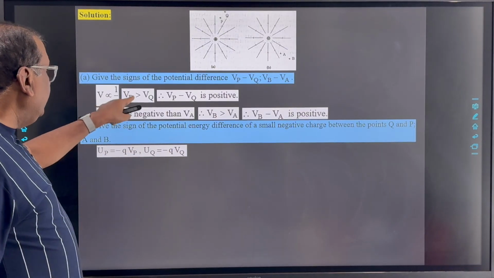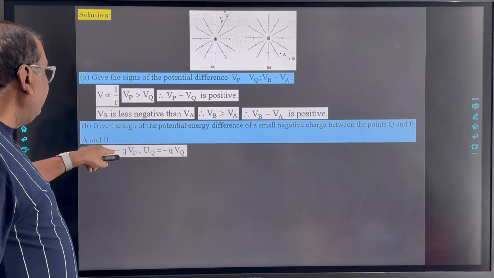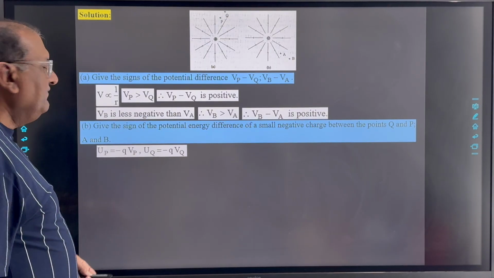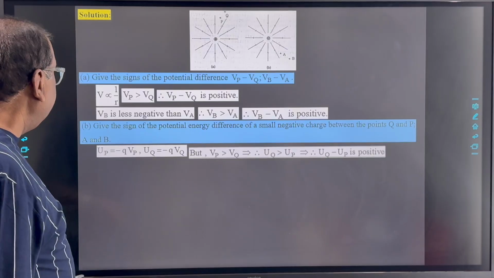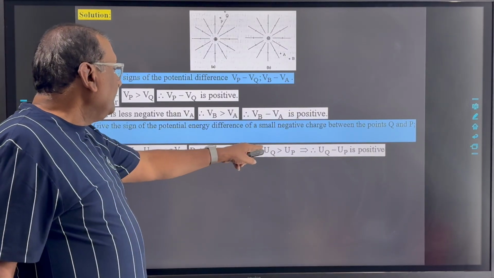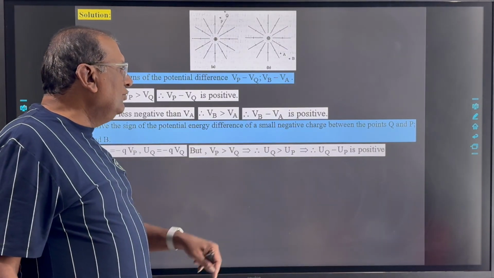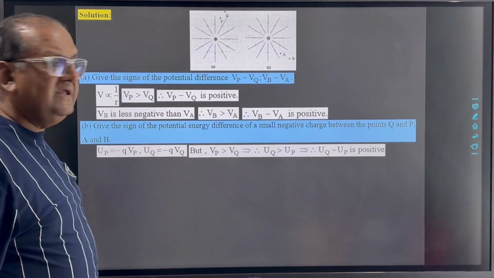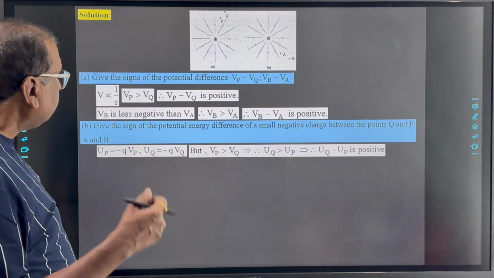Now Vp is greater than Vq, so when we multiply it by minus q, it will be opposite. So here Uq will be greater than Up, so Uq minus Up is positive.